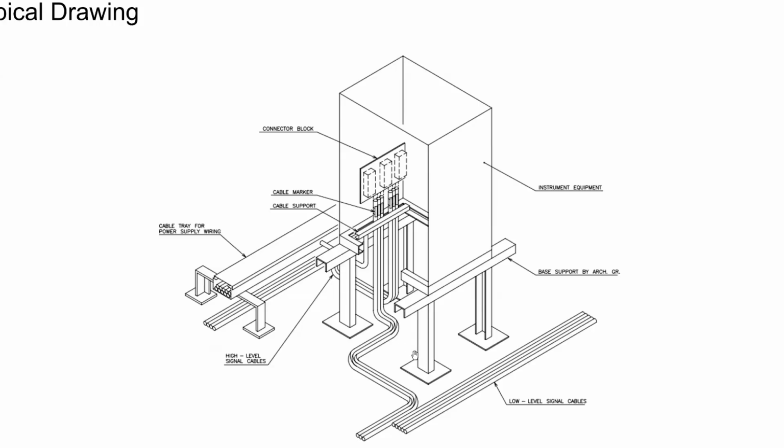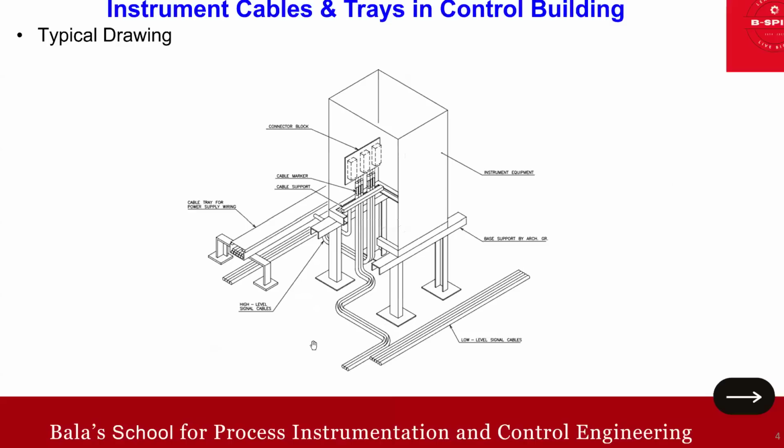You see this support here. And this power cable is separate, with sufficient space. So this is the typical drawing for power, control, and signal cable around the equipment.